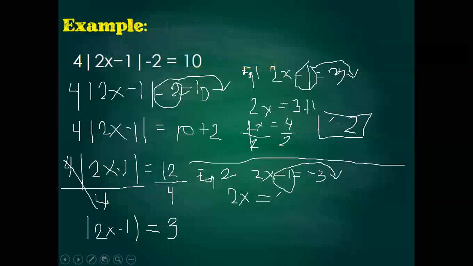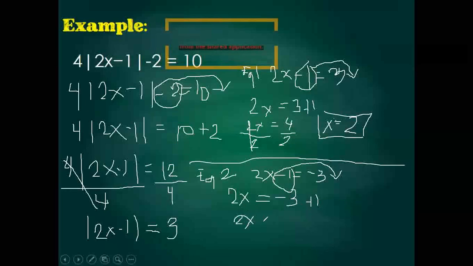Okay, 2x equals negative 3 plus 1. So 2x equals negative 3 plus 1. The answer is negative 2. Then divide both sides by 2. So x equals negative 2 divided by 2, negative 1.